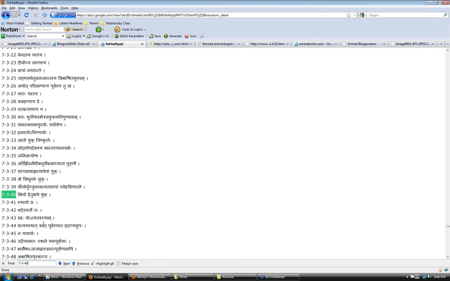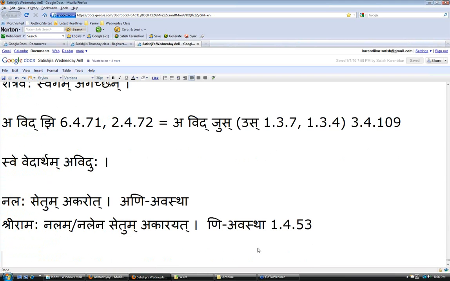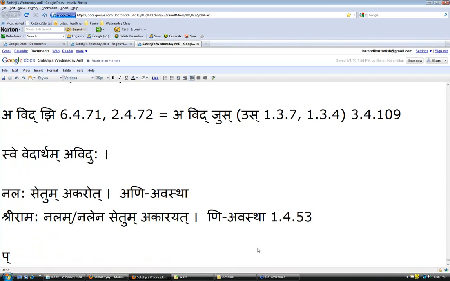So when this dhatu ruh takes the nish pratyaya, it takes the pakara adesha optionally. So ropayami, 7.3.43.